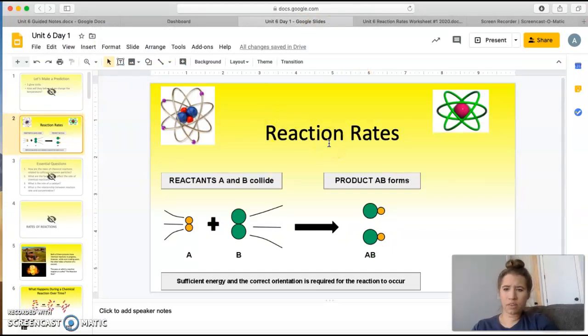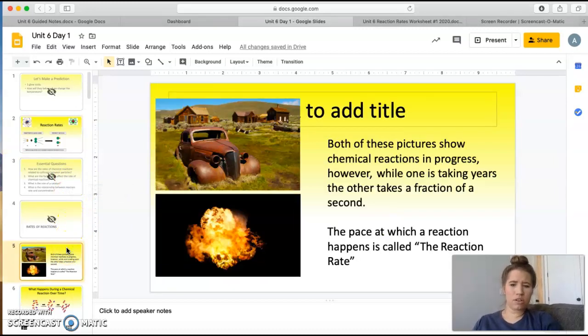Reaction rates. Well, the formal definition is how long does it take for a reaction to complete, or for a certain amount of reactants to turn into products. Because as you know, some reactions go quickly and some go slowly.